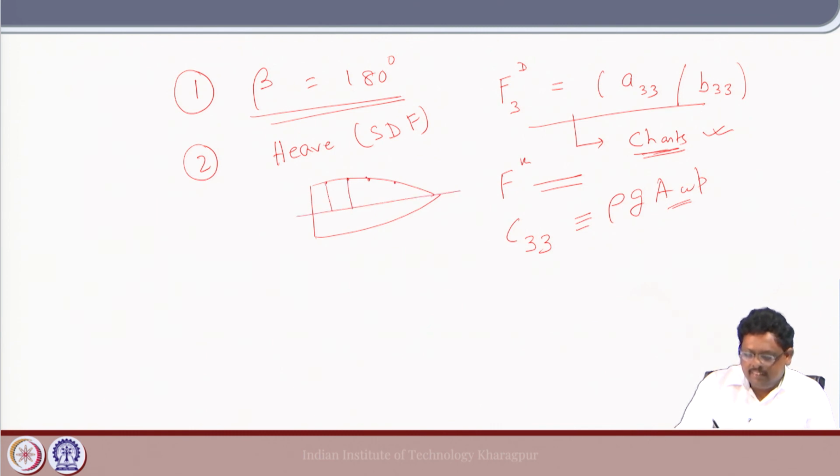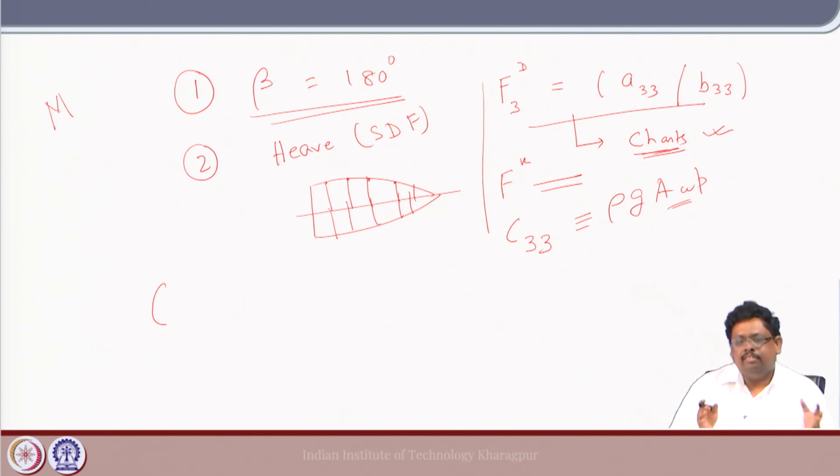So, you can discretize it and you can take the area. So, you can get the waterplane area. So, you get all these three terms, and also we have the data for the mass.